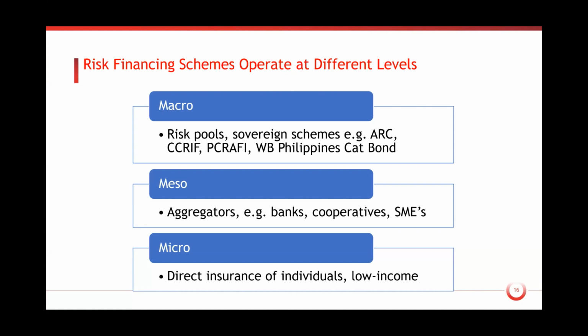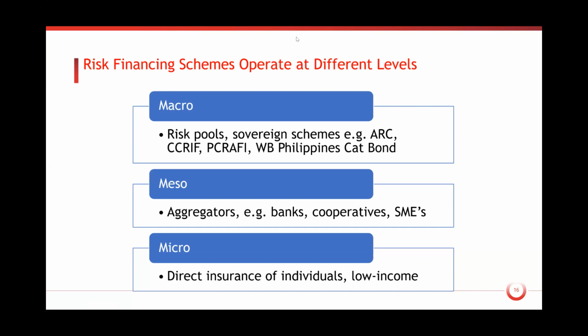Then you have meso level applications. These usually apply at some sort of aggregator level, such as banks or cooperatives or SMEs. So anything where risk is being aggregated, so banks obviously insure or give mortgages across many properties across the country.